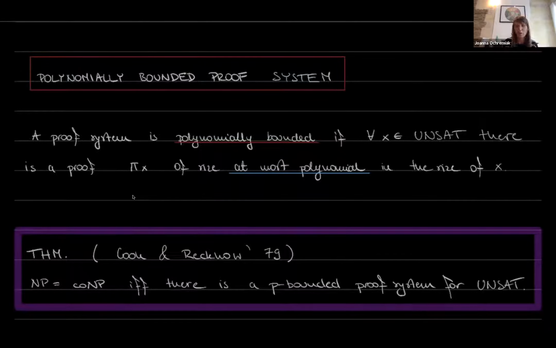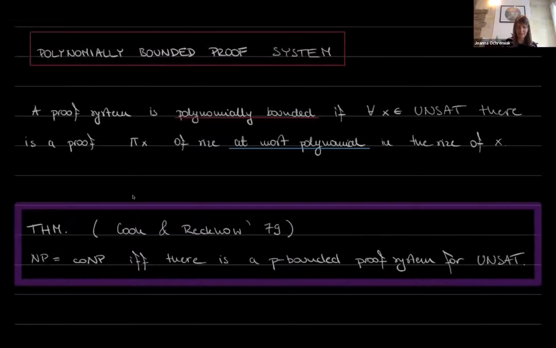So Cook and Reckhow observed basically that a polynomially bounded proof system for unsatisfiable propositional formulas exists if and only if NP is equal to co-NP, which is something that we don't expect to hold. So basically, proof complexity is about studying different proof systems and hoping that they are strong enough, but also hoping to prove that eventually no proof system can be polynomially bounded.